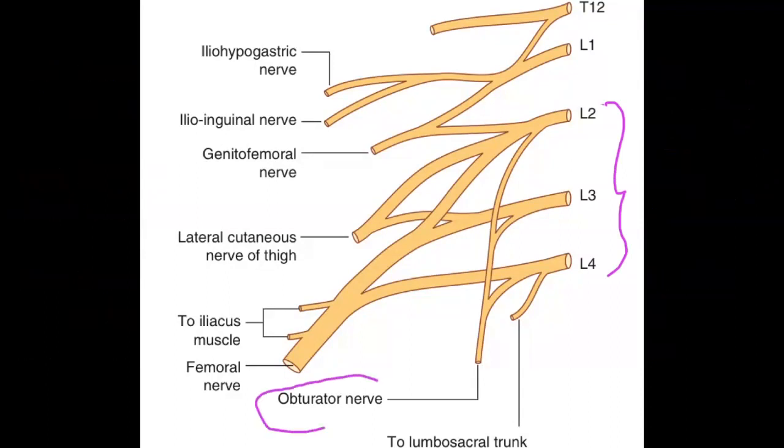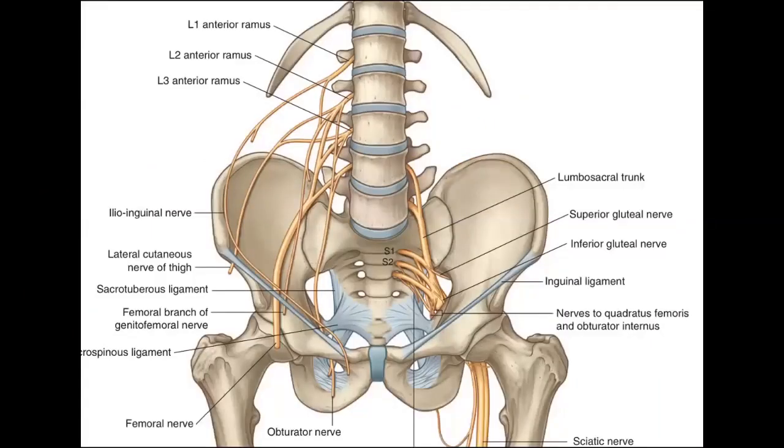This one is the obturator nerve. We have already learned it in the lumbar plexus. Everybody done your homework and sent to me, right? So this one is the obturator nerve. Observe this course.